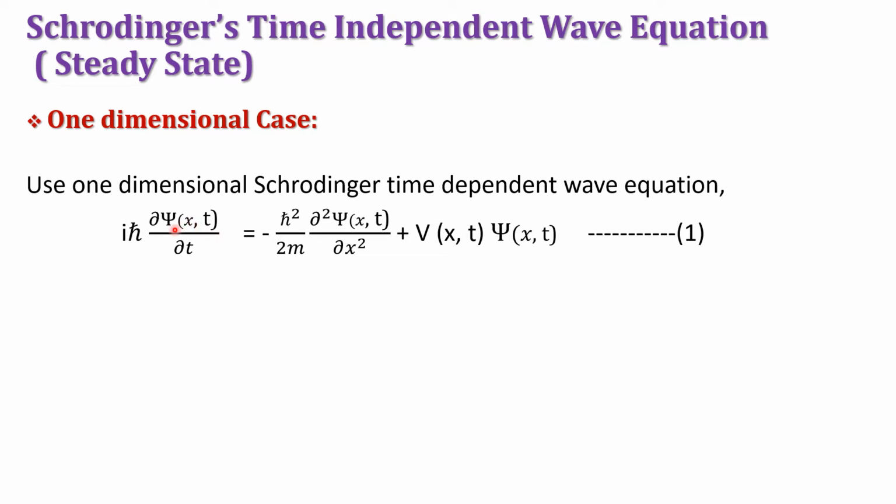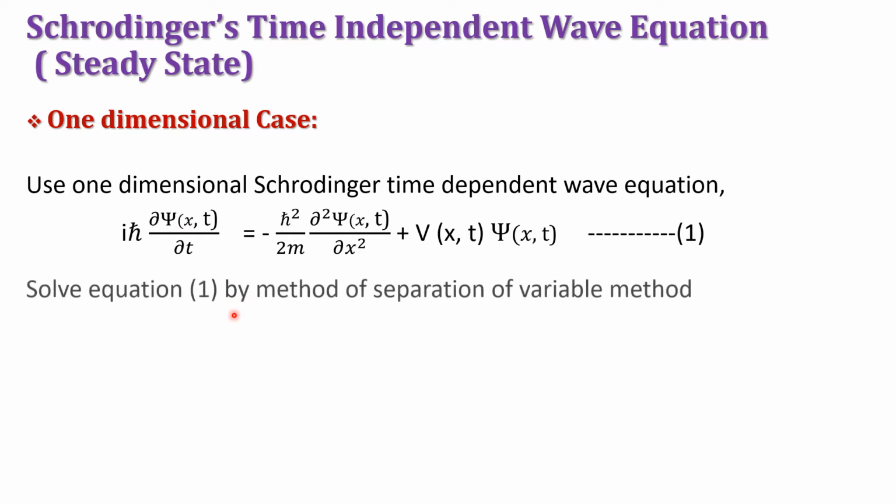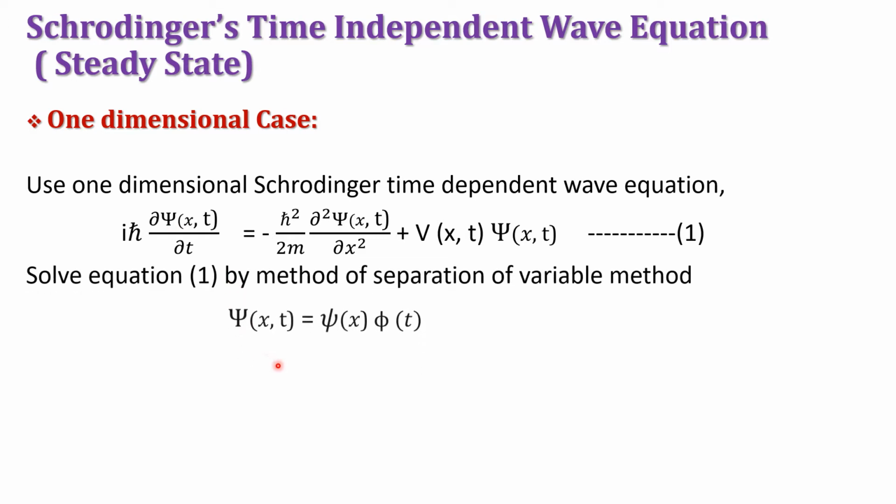Here we will use uppercase psi. That uppercase psi of x,t must be equal to lowercase psi into phi of t. Also, V of x,t is simply taken as a time independent term, V of x.